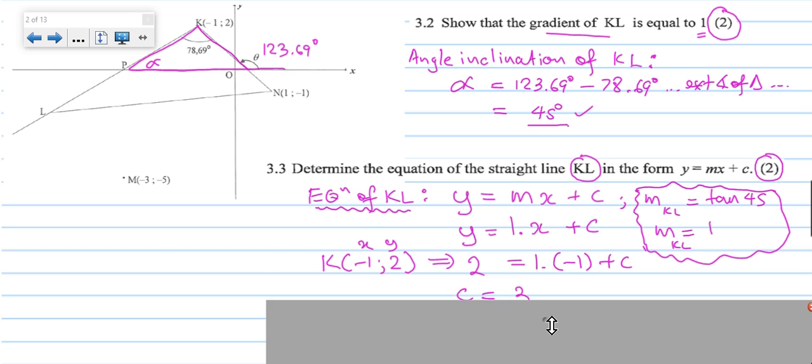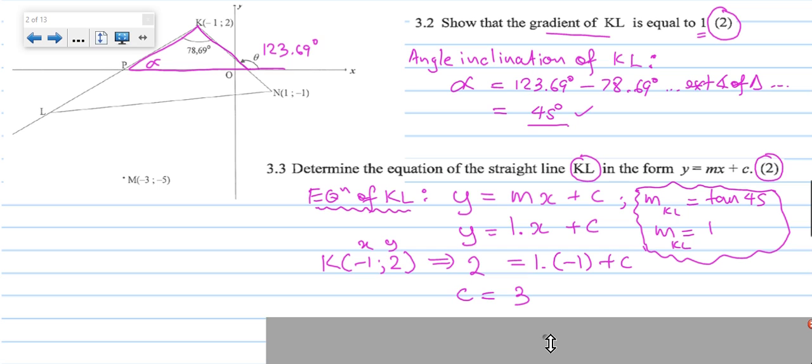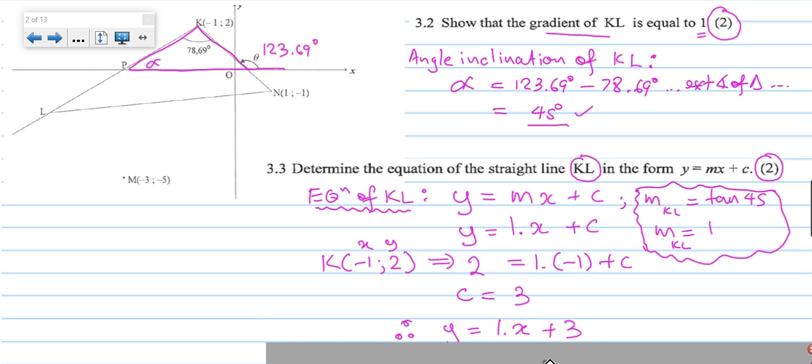Substitute in order to find c, and therefore c is equal to 3. Watch out, calculation errors can creep in here. Therefore the equation is y equals 1x plus 3. Do not forget to show this part. This is an important part that we need to go over.